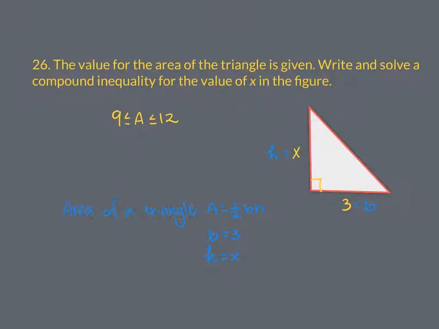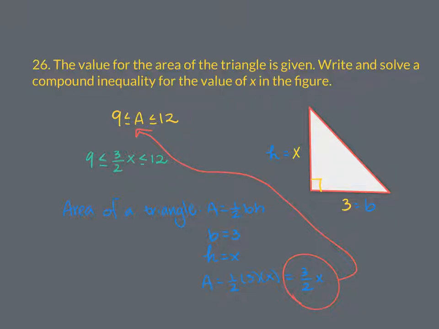So really my area is 1/2 3 times x, or 3/2 x if we simplify. So I'm going to substitute this 3/2 x for the A in my compound inequality. So this becomes 9 less than or equal to 3/2 x less than or equal to 12.